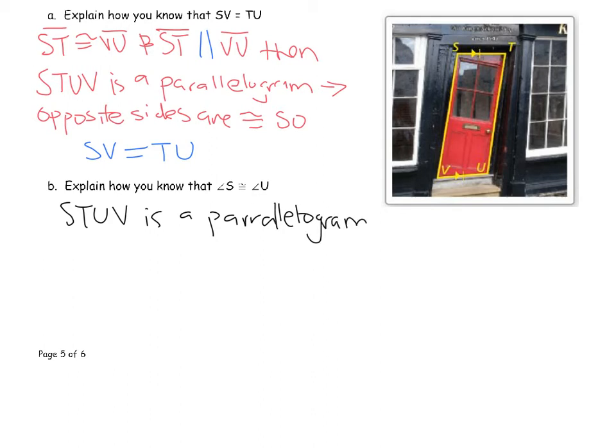Okay, so since we've already established that STUV is a parallelogram, then we already know, based on justification here, that opposite angles are congruent. So angle S here has to be congruent to angle U. Why? Because opposite angles are congruent in a parallelogram, and we've established that it is a parallelogram.